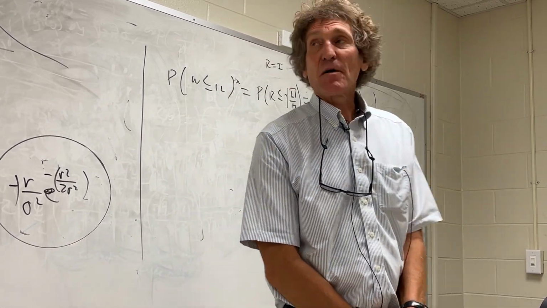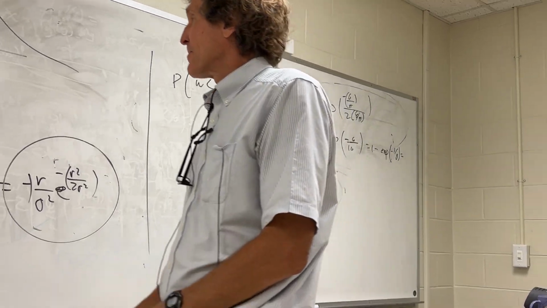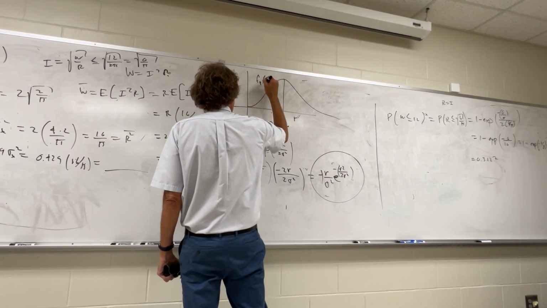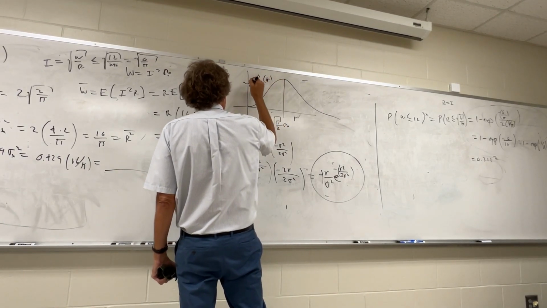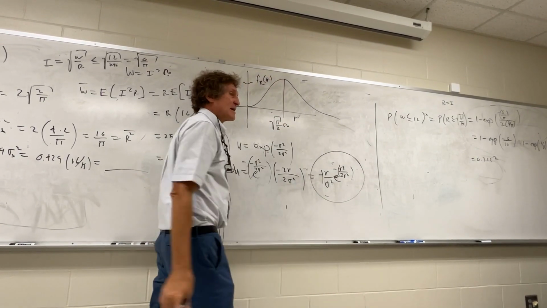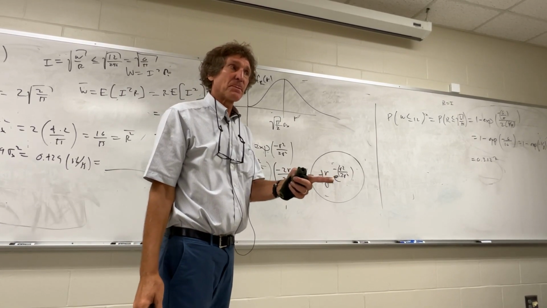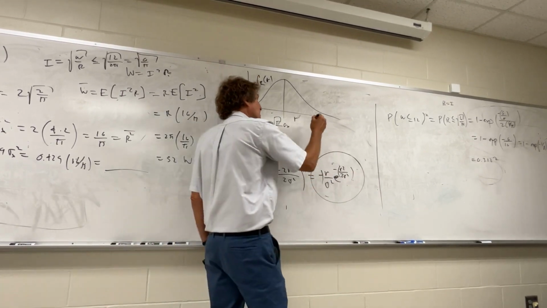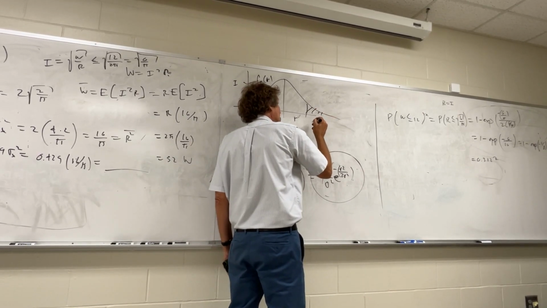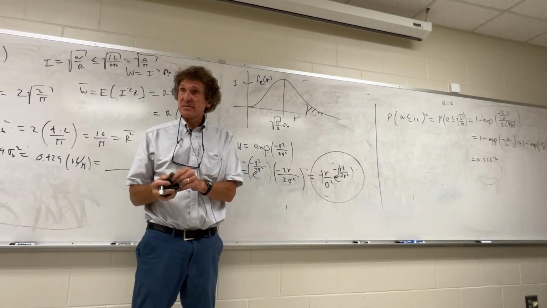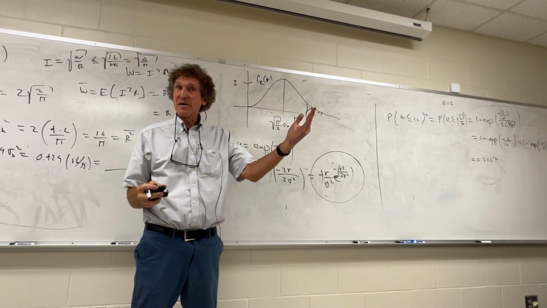How do I find the probability that the dissipated power is greater than 72? Remember, this F of R here is related to current I. We're talking 72 watts, about an area out here where instead of power, we're looking at current. You all agree with this? Current greater than what?